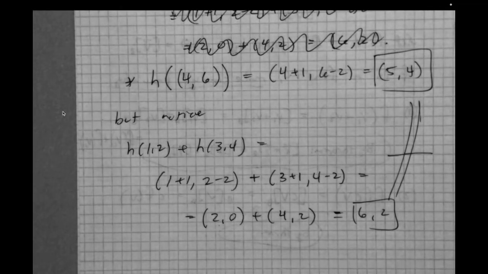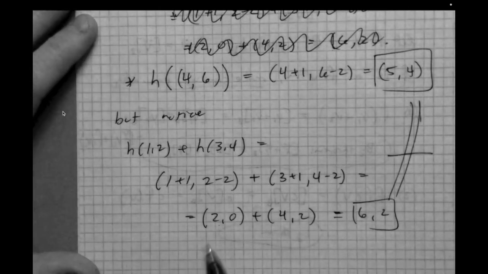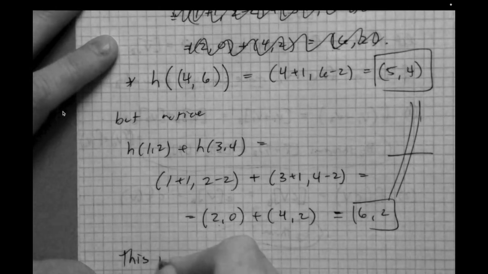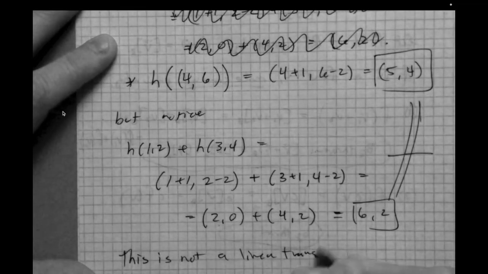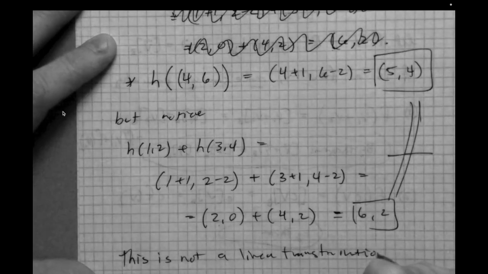You could similarly show that scalar multiplication is broken for this function as well. And so, because of those reasons, this is not a linear transformation.